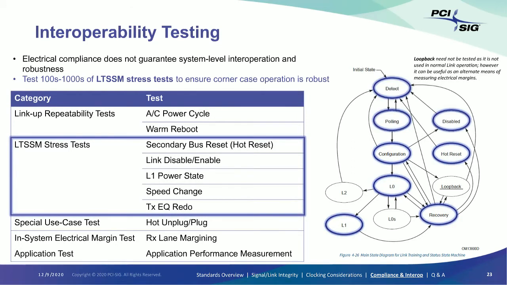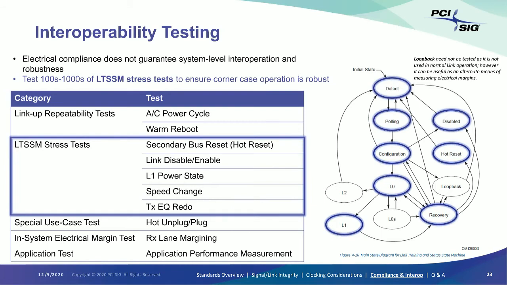Looking at the next group of tests, which can be roughly described as LTSSM stress tests, these similarly exercise different paths and different states that might be encountered by the target system. Whether it's secondary bus reset, link enable/disable, or some of the different power states, these stress tests will again be applied hundreds or thousands of times so that every corner case operation that the system vendor expects is robust.